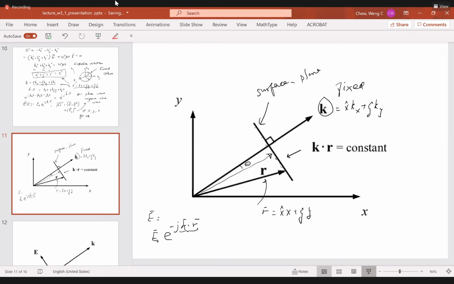So I can take other planes. I can take another plane here, pick another constant, another constant. This thing will be constant phase along all these planes. You can see that this is very interesting because it says that the phase is a constant along all these directions.